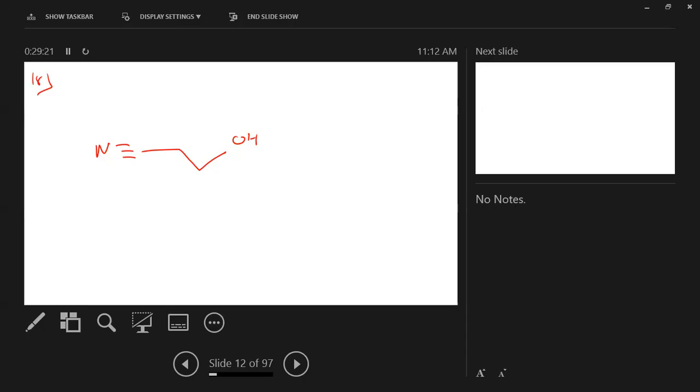Gives us the proton NMR. That's what we have.